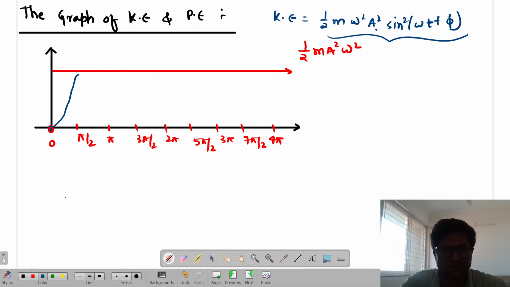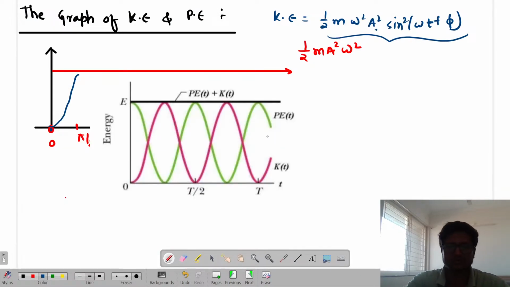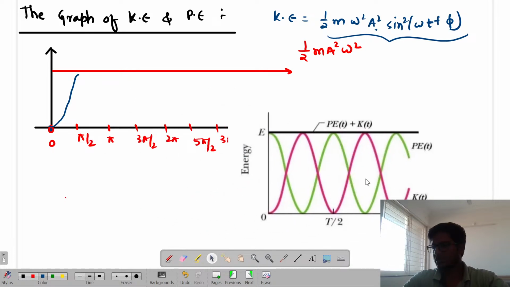See this, I got my diagram. So okay, I'll just explain from this, okay?